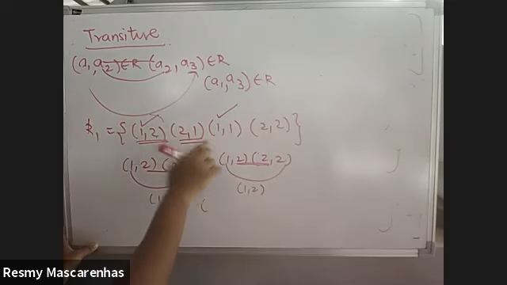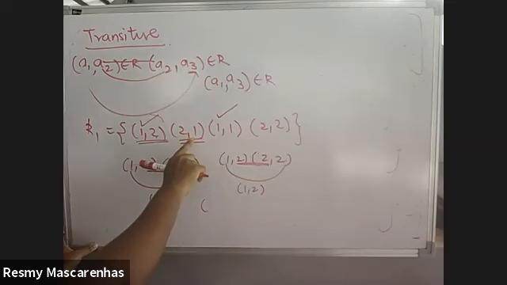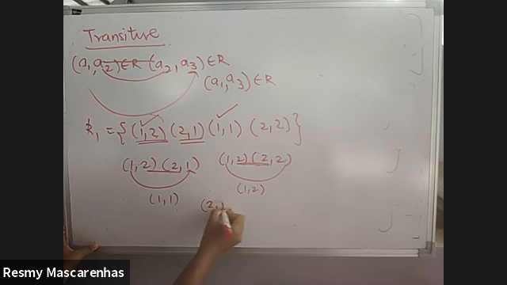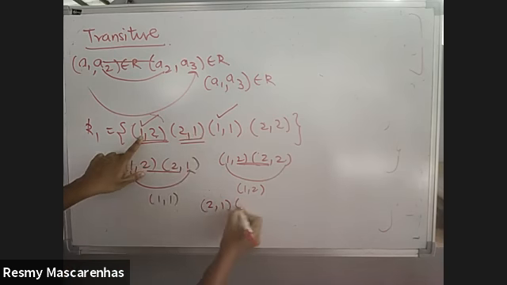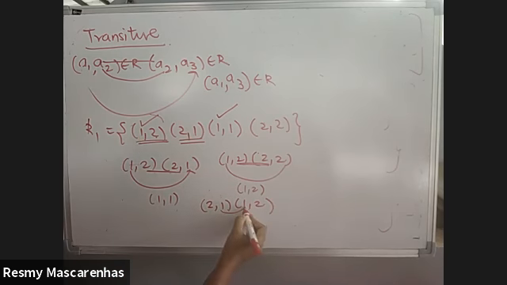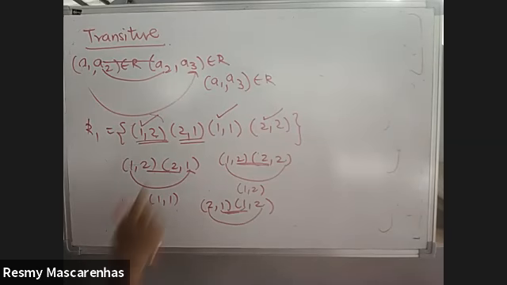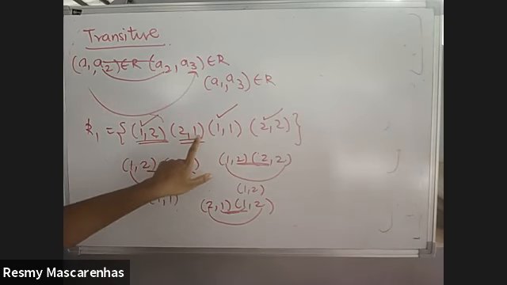Like this, transitive is slightly tedious. Why? You have to check for all the pairs. 2 comma 1. So check with all the pairs which start with 1. 1 comma 2. 1 and 1 is same. So what pair should it be? 2 comma 2. Check if 2 comma 2 is there. Yes. So like that you have to keep on trying with all the pairs.